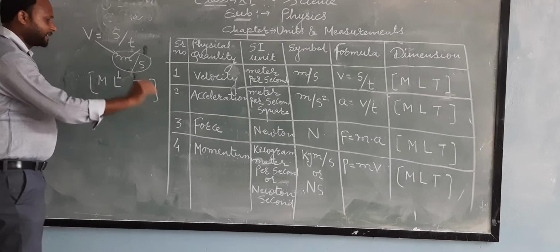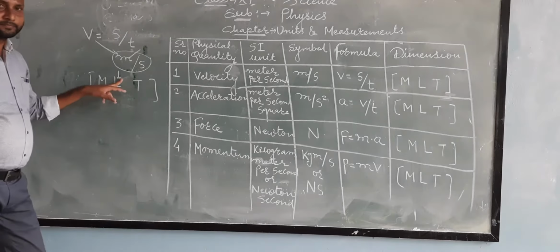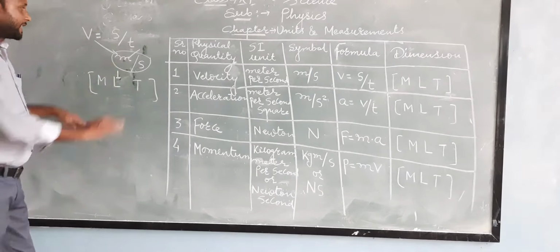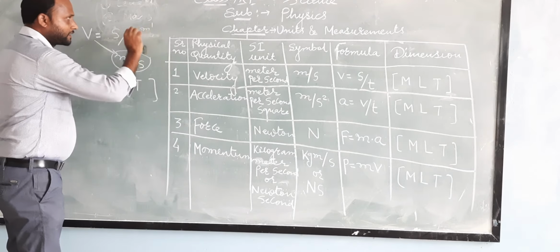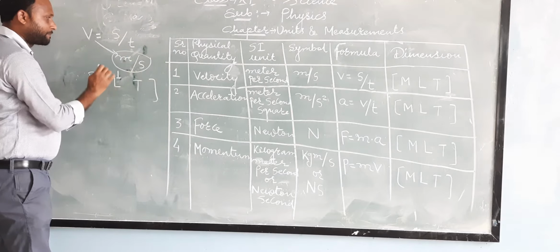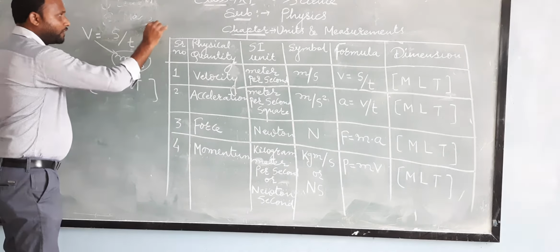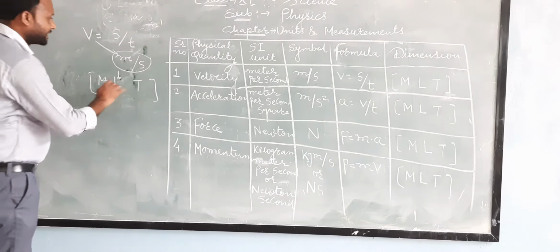In the power position we will write 1, because in this case m के पावर में कुछ भी नहीं है, 1 नहीं है, 2 नहीं है, 3 नहीं है. इसका मतलब है m के पावर में 1 है. So therefore अपन इधर L के पावर में 1 लेंगे.